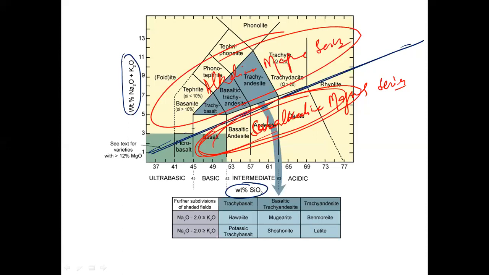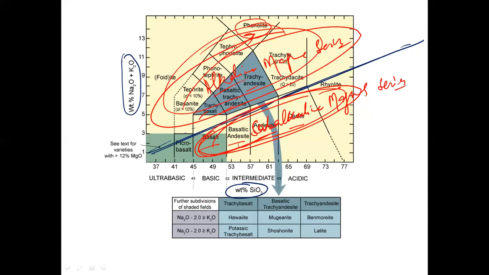So what do you mean by this? Your basaltic andesite, dacite and rhyolite belong to the subalkaline magma series, and your basaltic trachyandesite, trachyte, and this line tephrite, phonotephrite, tephriphonolite and phonolite, all these rocks belong to the alkaline magma series.